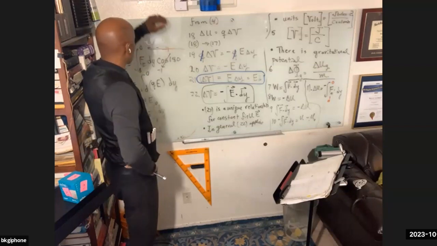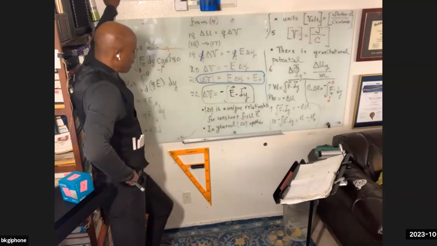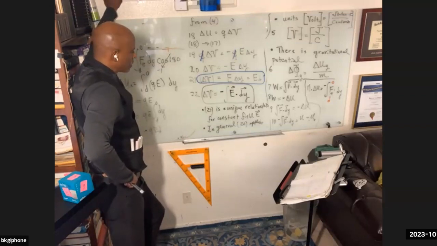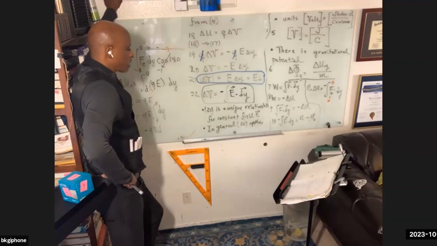I probably misspoke earlier. I said we were going to get a direct relationship between the force and the field, but I guess there really is no direct relationship unless you do a differential. I mean, we already have it.